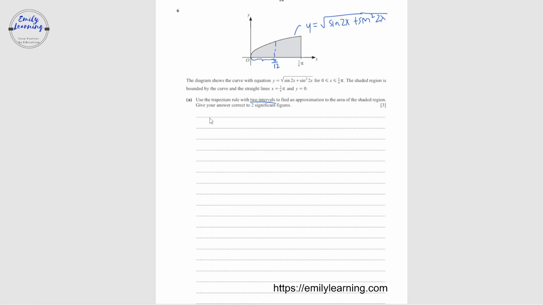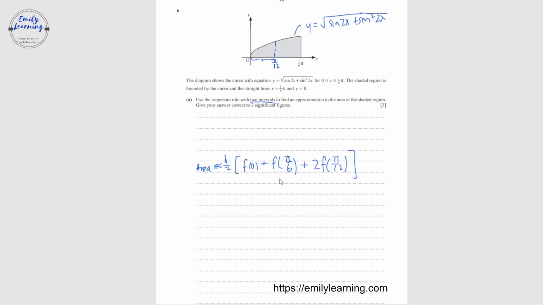So we can find the area. If I use the trapezium rule, the area will be approximately h over 2, then f at 0 plus f at pi over 6 plus twice the value at the middle, which is pi over 12, f(pi over 12).